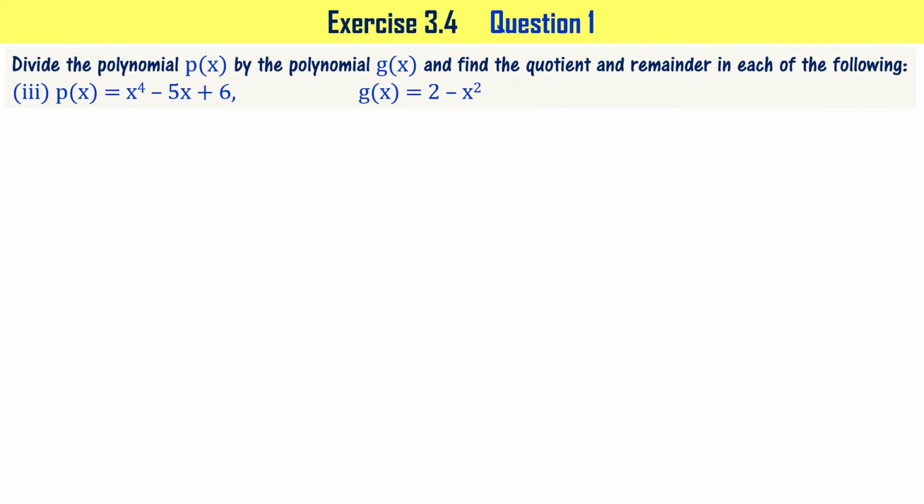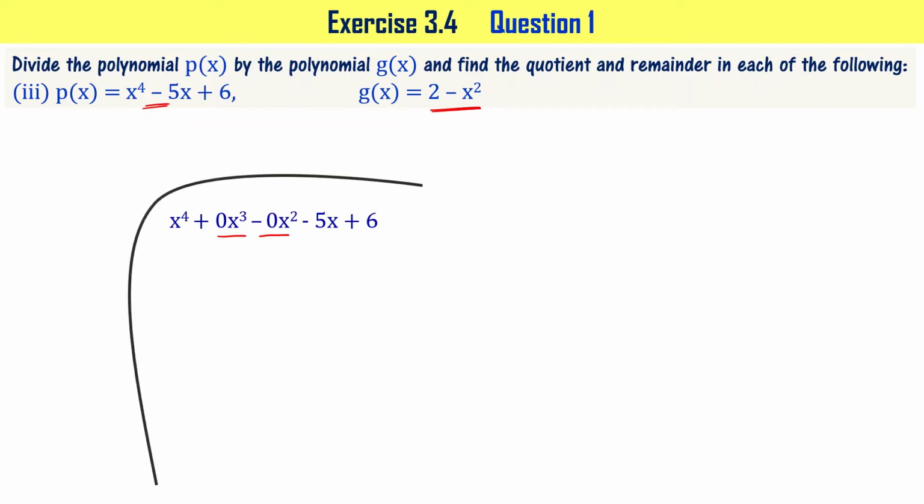Now let's see the third part of the problem. Here p of x is given as x power 4 minus 5x plus 6 and g of x is 2 minus x square. Let me write the given dividend as x power 4 plus 0x cube minus 0x square, because x cube and x square terms are not there, right? The rest of the expression is written as is, minus 5x plus 6.